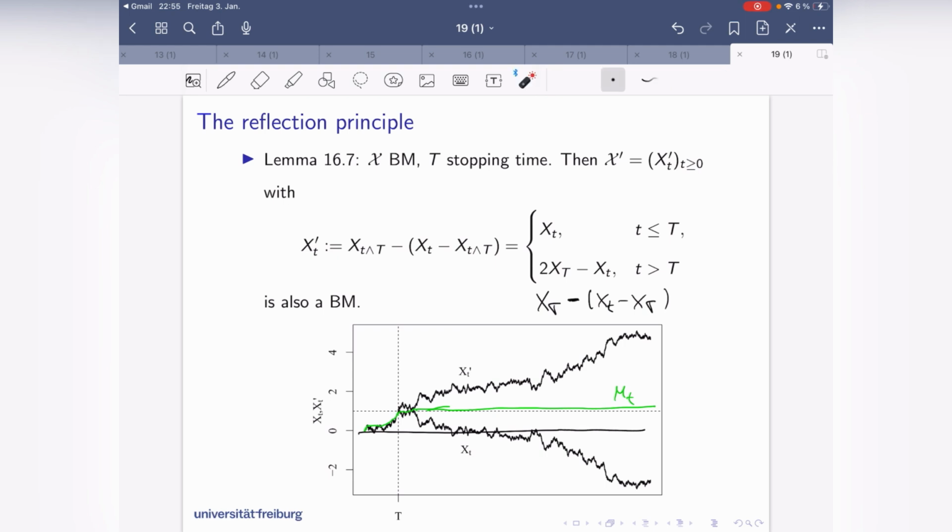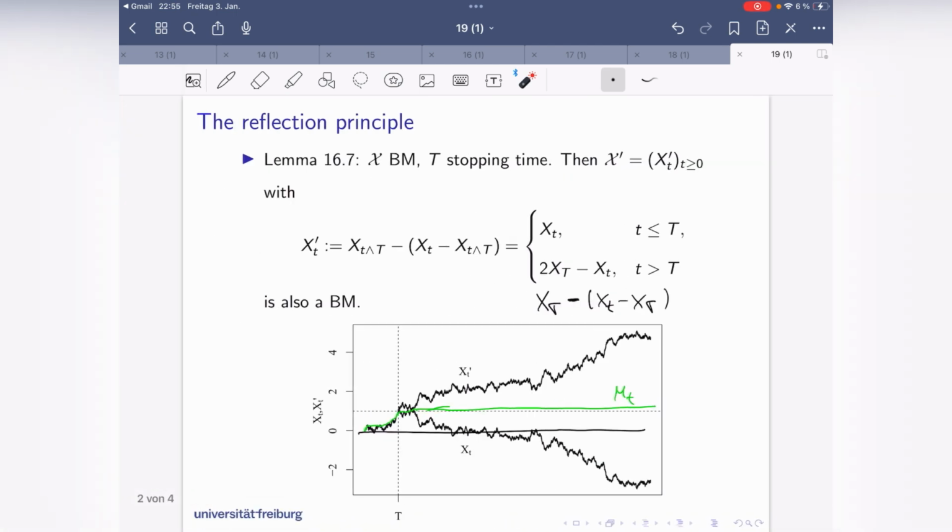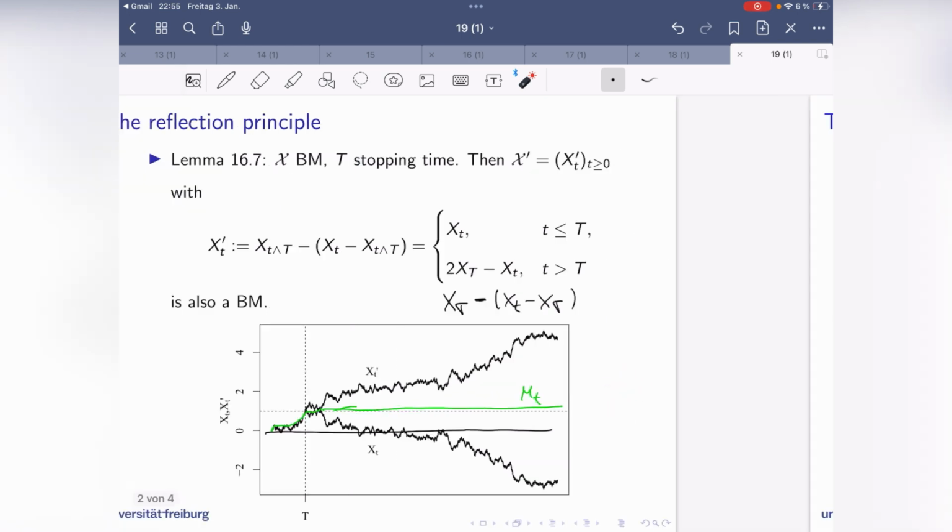And the claim is these two things have the same distribution, which is a bit crazy because Mt has completely different paths than the absolute value of Xt. So how can we show this? And there's a second claim, that also Mt minus Xt, which is the distance of Mt and Xt, so that's this distance here, has the same distribution again as Mt and as the absolute value of Xt.